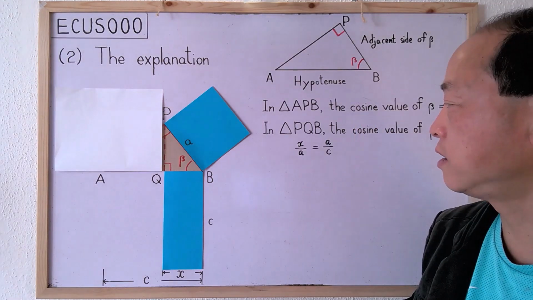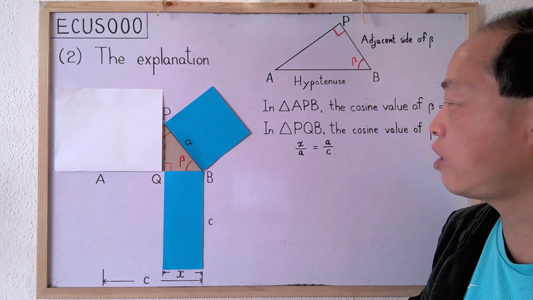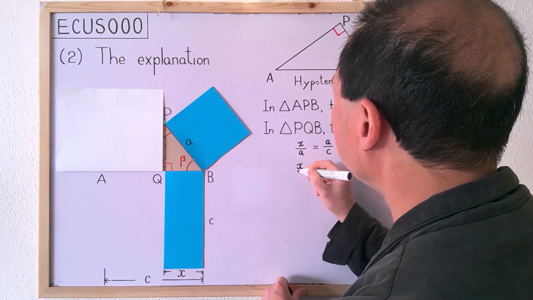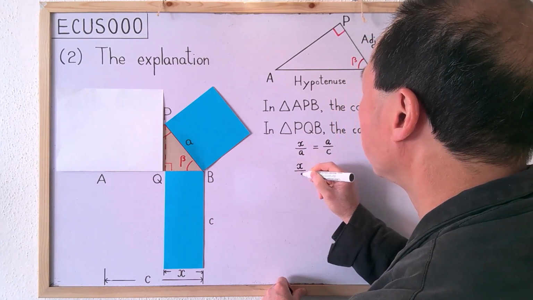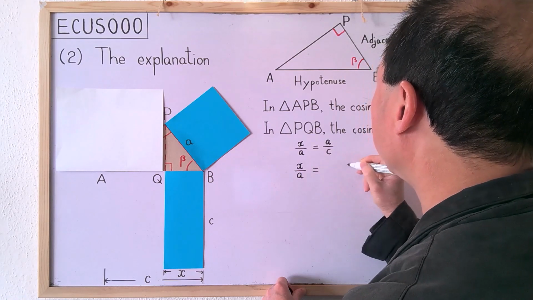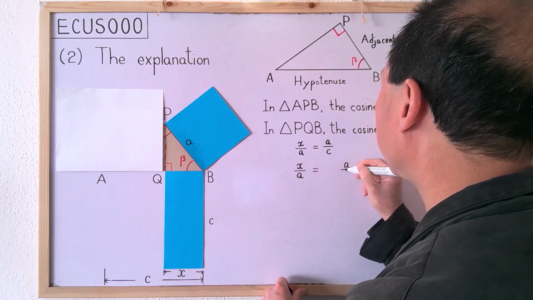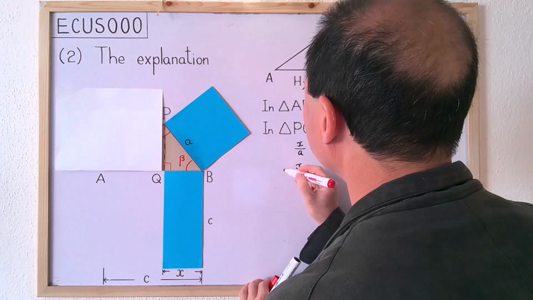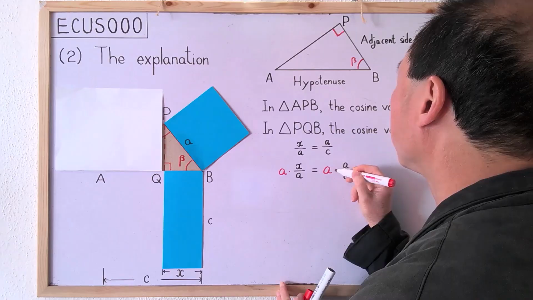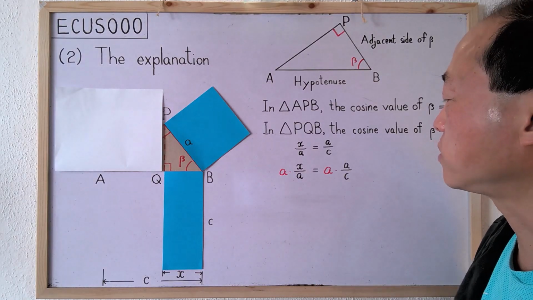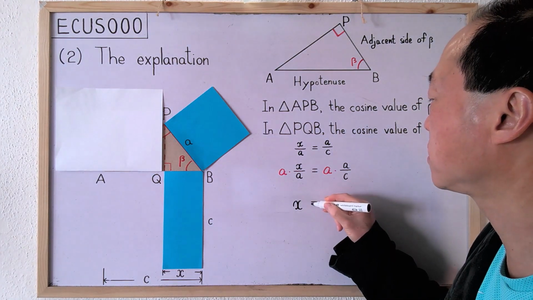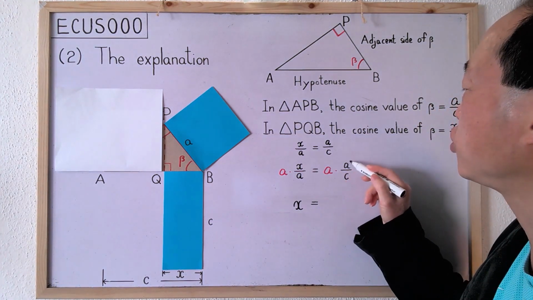To get rid of the A at the denominator, we multiply both sides by A. This A and this A are cancelled out. We have X on the left. This A goes up to the numerator.